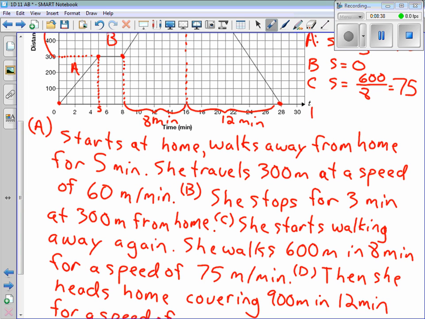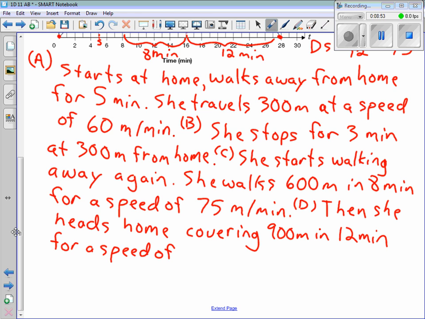This is section D. Her speed is 900 divided by 12, which is 75 again. So she heads home, covering 900 meters in 12 minutes for a speed of 75 meters per minute.